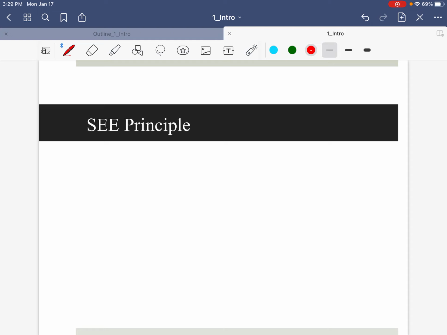All right. The C principle comes from the phys ed world. When we talk about the study of human movement, we have three important focuses of kinesiology.